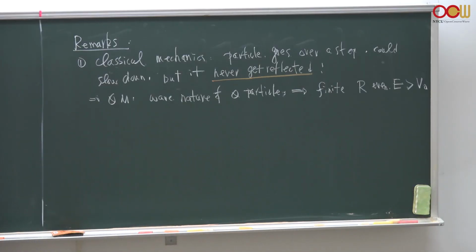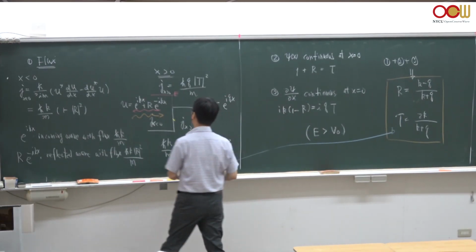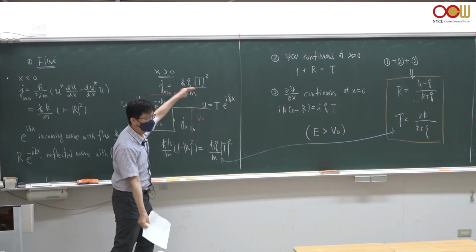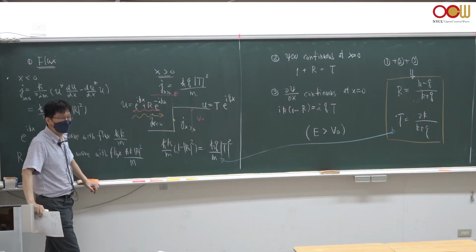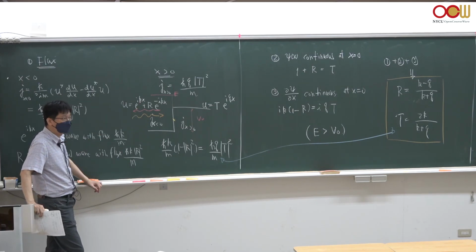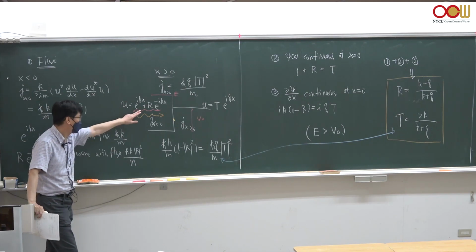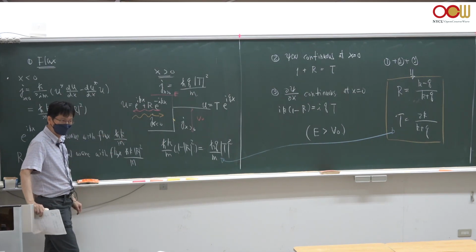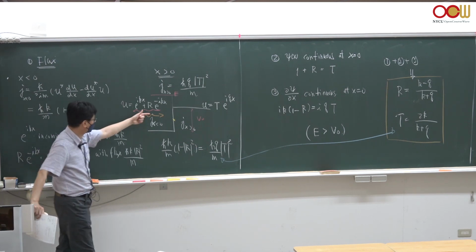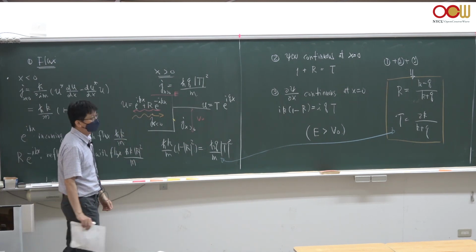This is highly non-trivial because in classical mechanics, you can never imagine that the particle that passed through the step will go back if the energy of the particle is larger than the potential step. The classical object simply passes through the step without turning back, but quantum mechanically, we allow a certain finite probability for this quantum particle, as a wave, to get reflected.